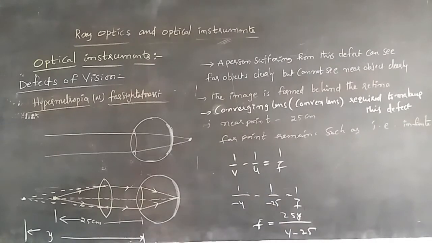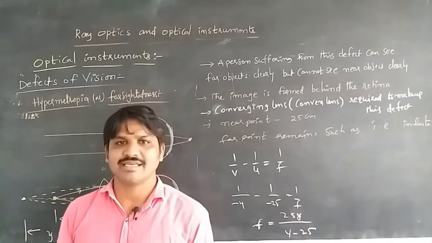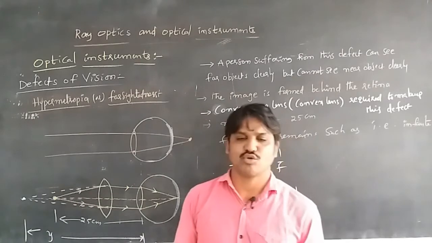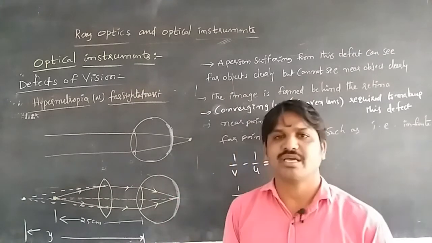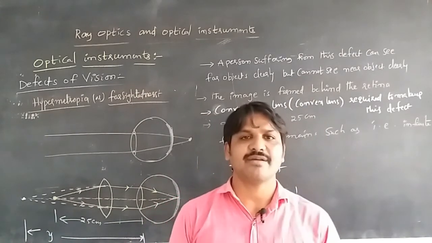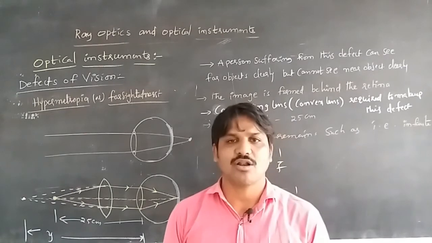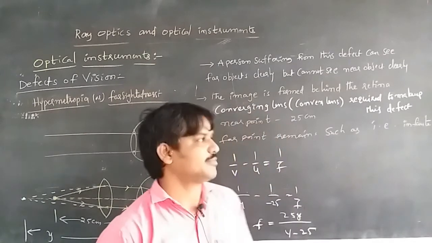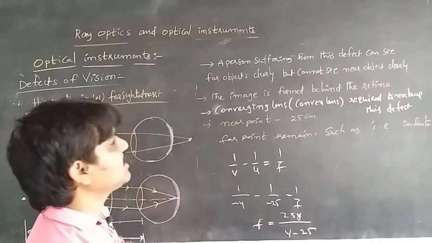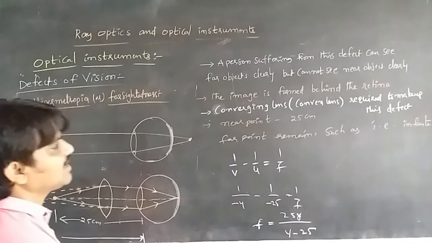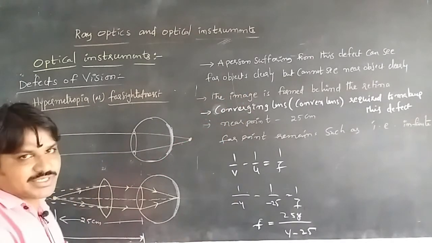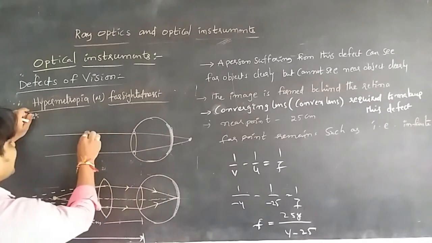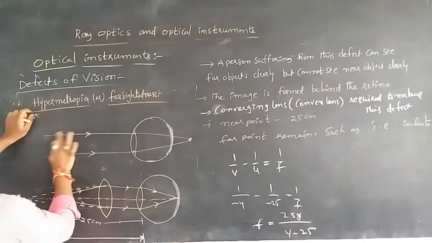Another defect of vision of the eye is hypermetropia. A person suffering from this defect cannot see nearer objects and can see only far objects clearly.